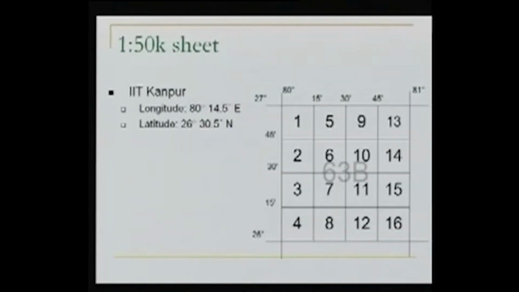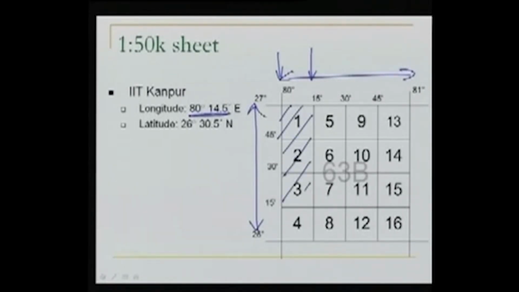Let's do that. This is 1 degree by 1 degree, in longitude and in latitude. Our area is 80 degree, 14.5. 80 is somewhere here, and 14.5 will be within these two longitudes. So our area of interest should be in the shaded area.